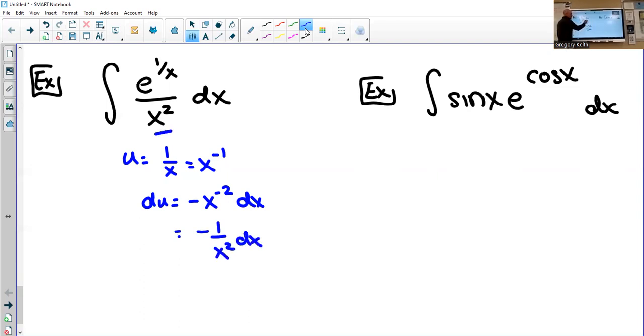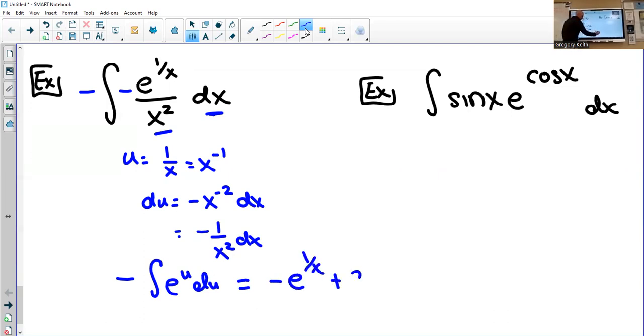And we see, hey, we've got that right there. What are we missing though? Negative. So put the negative there. Then we end up with just negative integral of e to the u du. And then we're just going to get negative e to the 1/x plus c. We'll put that u back in.